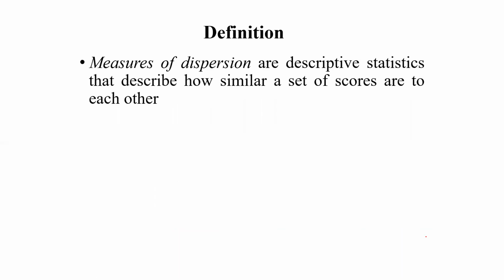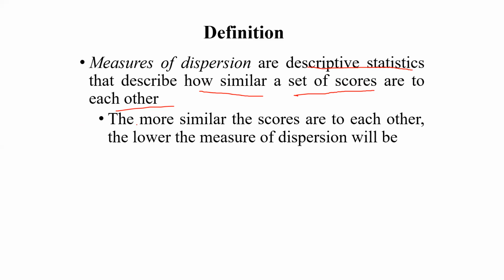Now, in another sense, we can understand that measures of dispersion are descriptive statistics that describe how similar a set of scores are to each other. Therefore, the more similar the scores are to each other, the lower the measure of dispersion will be.